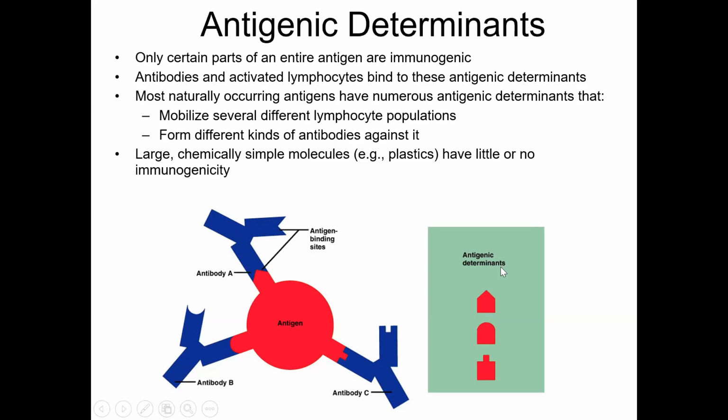Let's say this is a bacterium, and on its surface you have different antigenic determinants, like different shapes. When your body makes antibodies, they are not against the whole antigen. Rather, they are very specific to each type of shape on the surface, each antigenic determinant.